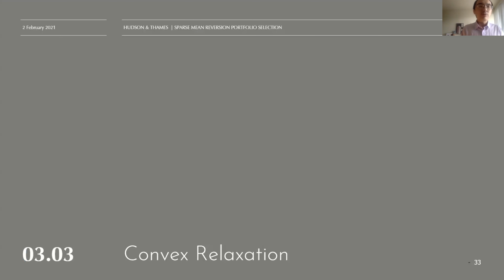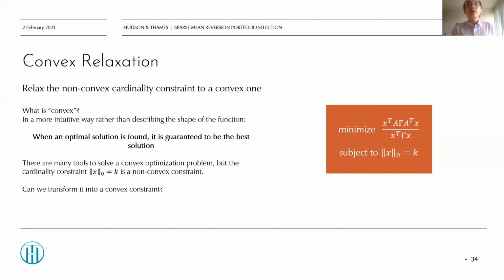And now I'm going to spend a little time introducing the convex relaxation framework. So recall that our optimization problem is to minimize the predictability under a sparsity or cardinality constraint. The cardinality constraint is a non-convex constraint, and we want to relax the non-convex constraint into a convex one.